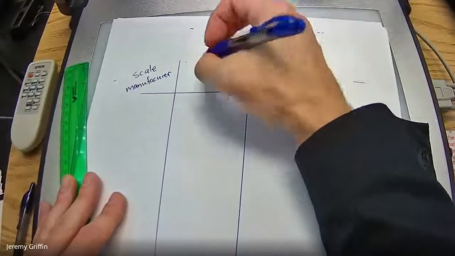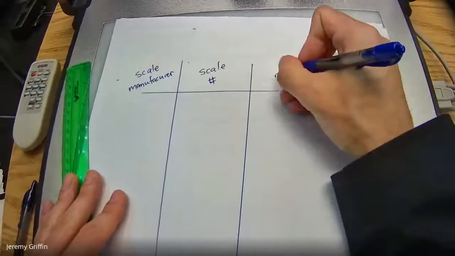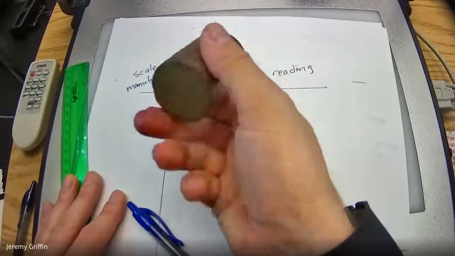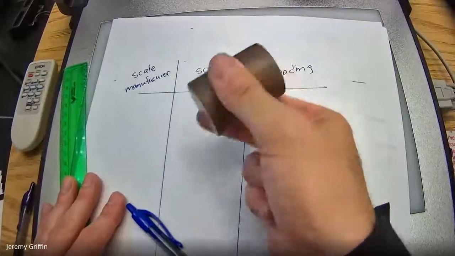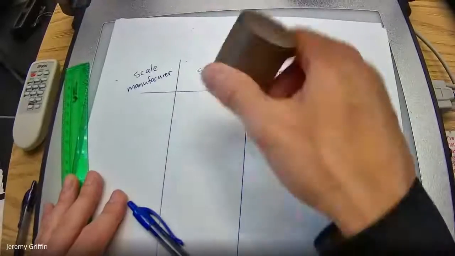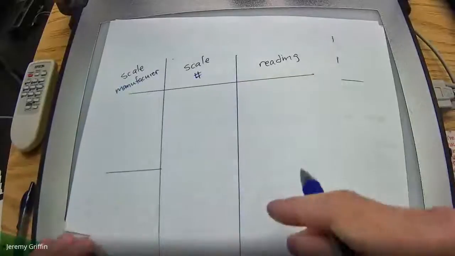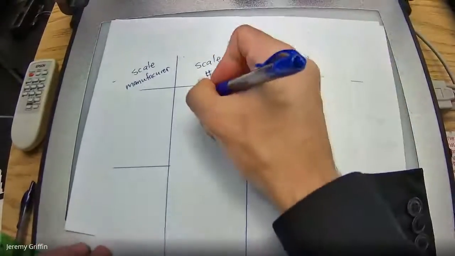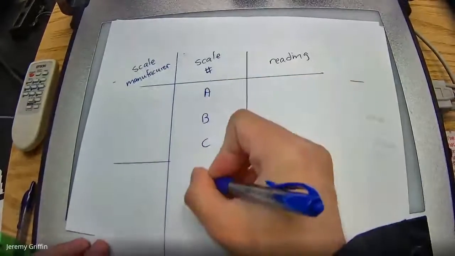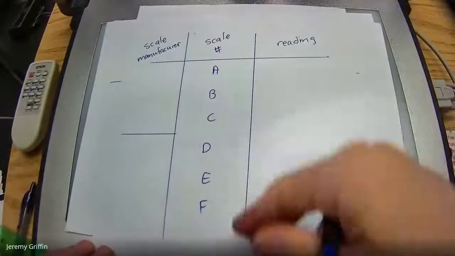I've got, let's say, a scale number and a reading. Okay. Maybe I'm trying to measure this here 500 gram mass, so half a kilogram. I'll just use grams for today. I usually write kilograms in this class because that's the base unit. 500 grams, right? Okay. Maybe I have 2 different manufacturers and I get 3 scales from each of those. So scale number 1, or maybe we'll call them A, B, C, and D, E, F. I know it says number, but you guys get the idea. Okay, so I've got 6 different scales.